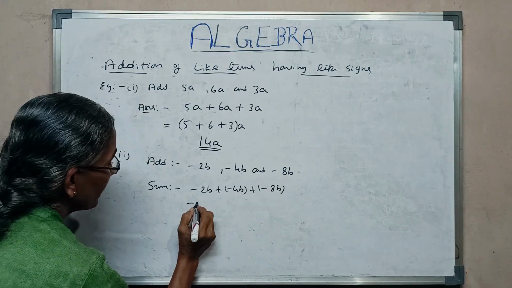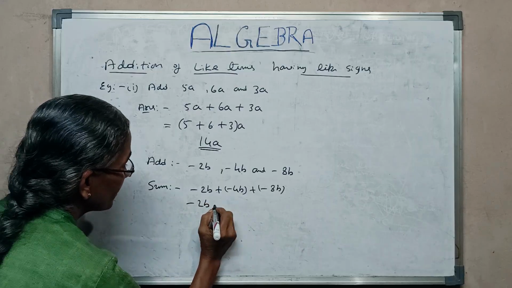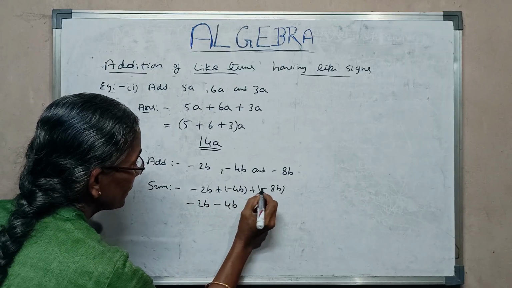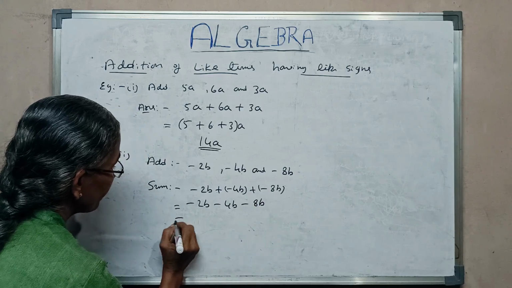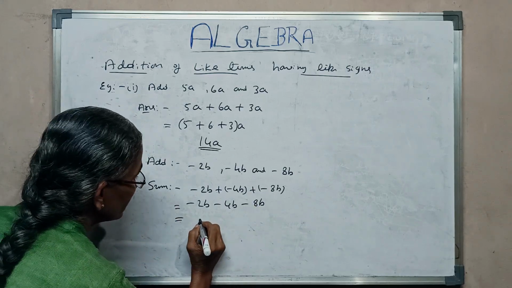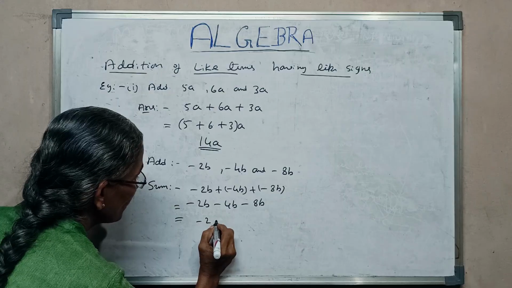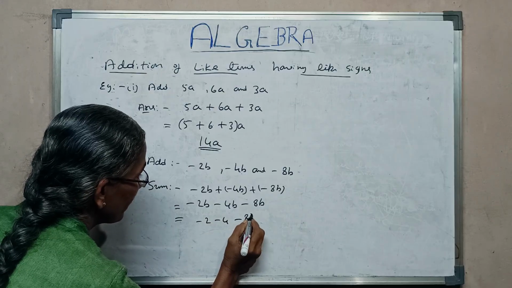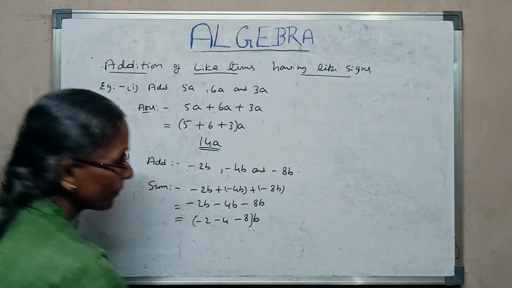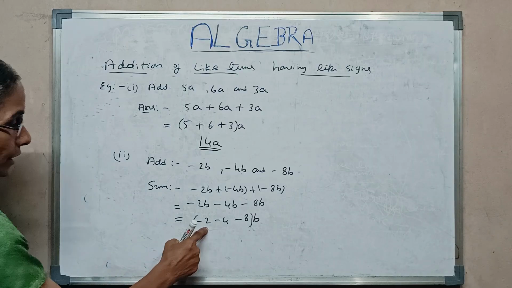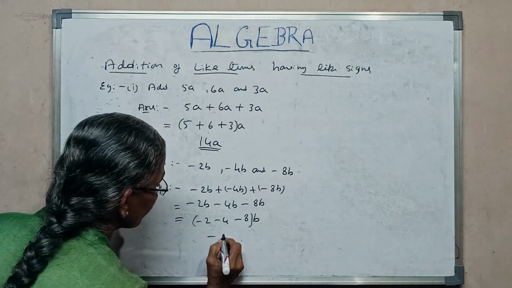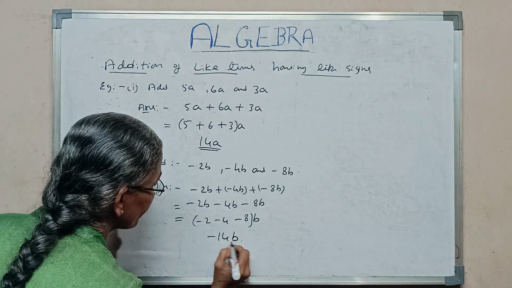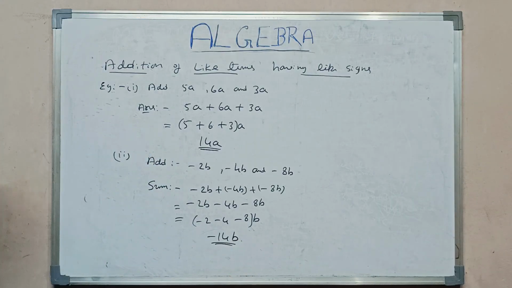Plus into minus is minus. So minus 2, minus 4, minus 8, and b is common. Minus 2 minus 4 is minus 6, minus 6 minus 8 is minus 14. So minus 14b.